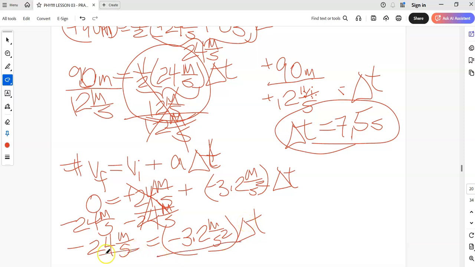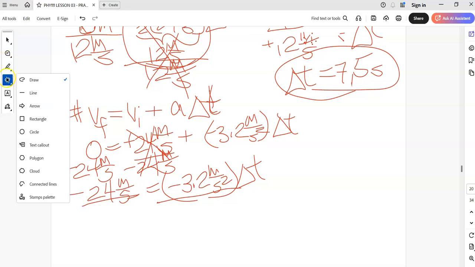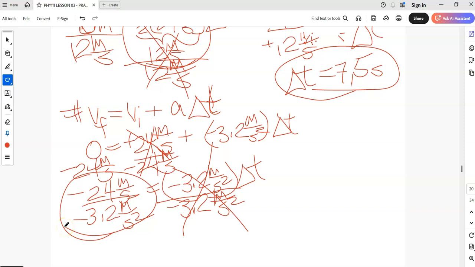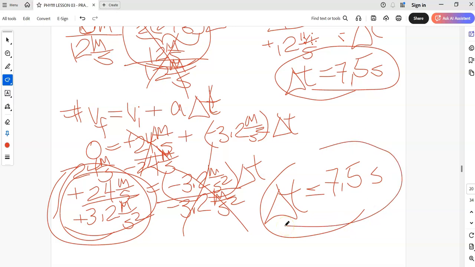We divide both sides by negative 3.2 meters per second squared to get rid of that term on the right side. That'll cancel that. Of course, the negative signs cancel. If you do it with a calculator, it won't matter. And you divide that out, and we get delta t equals this divided by this, and lo and behold, we get the same exact 7.5 seconds, and we know that we've done it right if we get that. And we'll stop here.